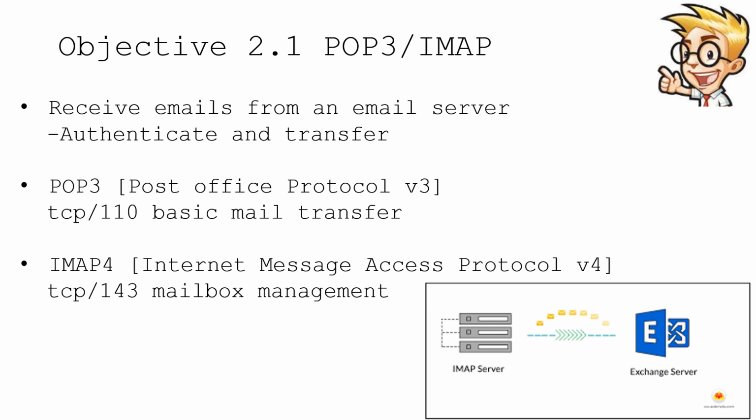And of course, these days we tend to walk around with many different mobile devices and different mailboxes that need to be synchronized across many devices at the same time. We commonly use IMAP, or the Internet Message Access Protocol version 4, over TCP 143 to be able to download and manage mailboxes.